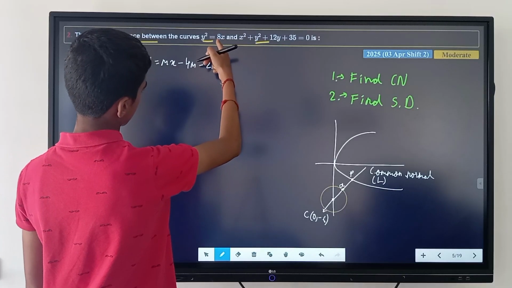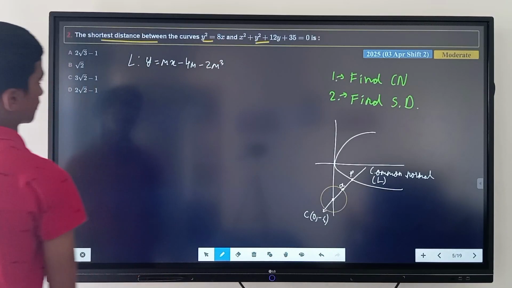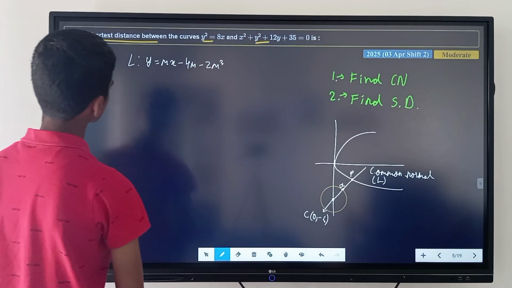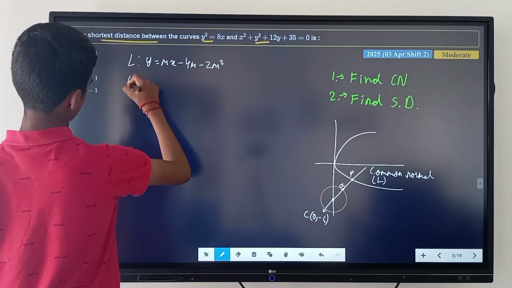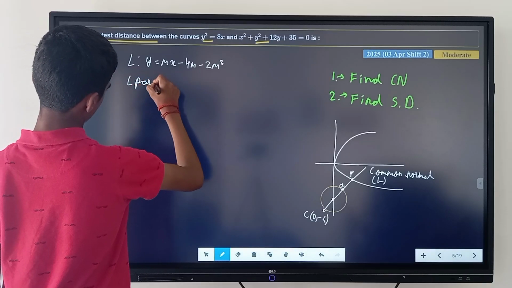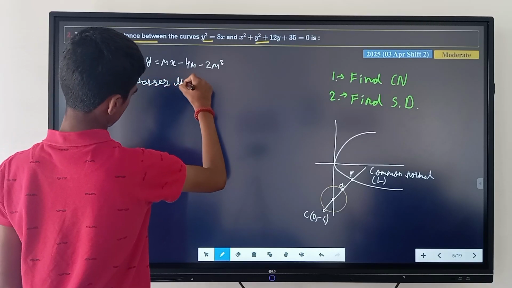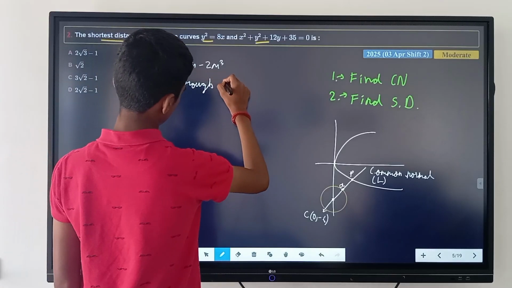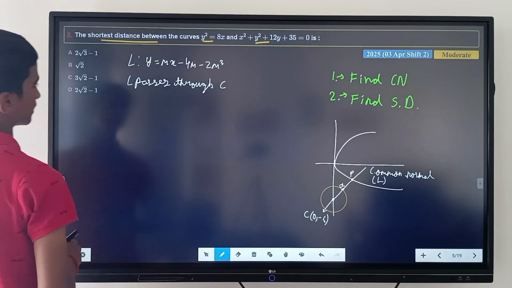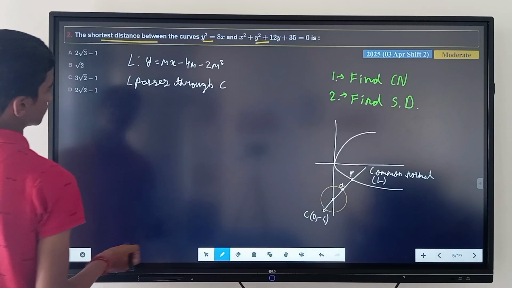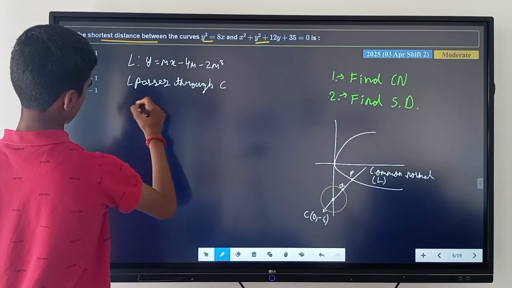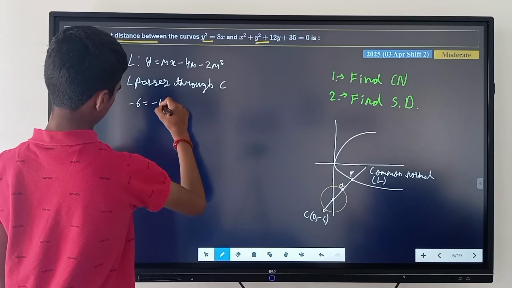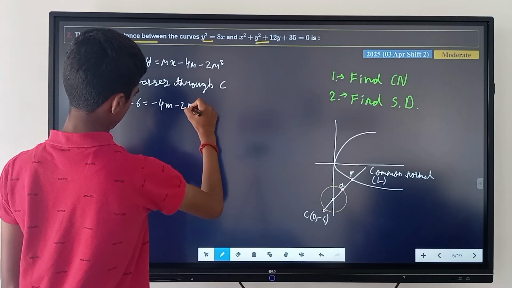In this case, our a is 2 according to parabola. Now L passes through C. L passes through point C. So from here we can say minus 6 is equal to minus 4m minus 2m cube.